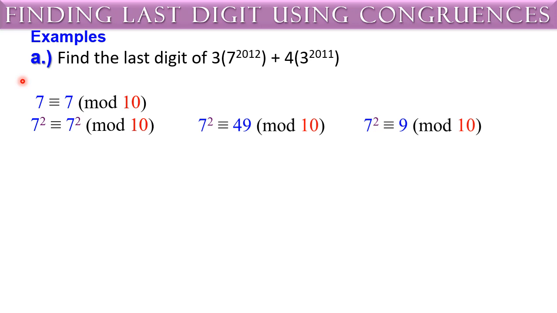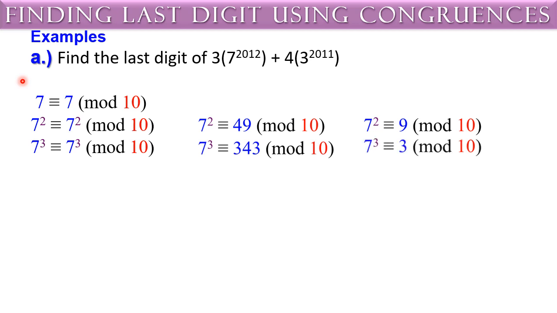Since the residue is still not 1, we need to proceed further. 7 cubed is congruent to 7 cubed modulo 10. Thus, 7 cubed is congruent to 343 modulo 10. And 7 cubed is congruent to 3 modulo 10. Still the residue is not 1, proceed with the next power.